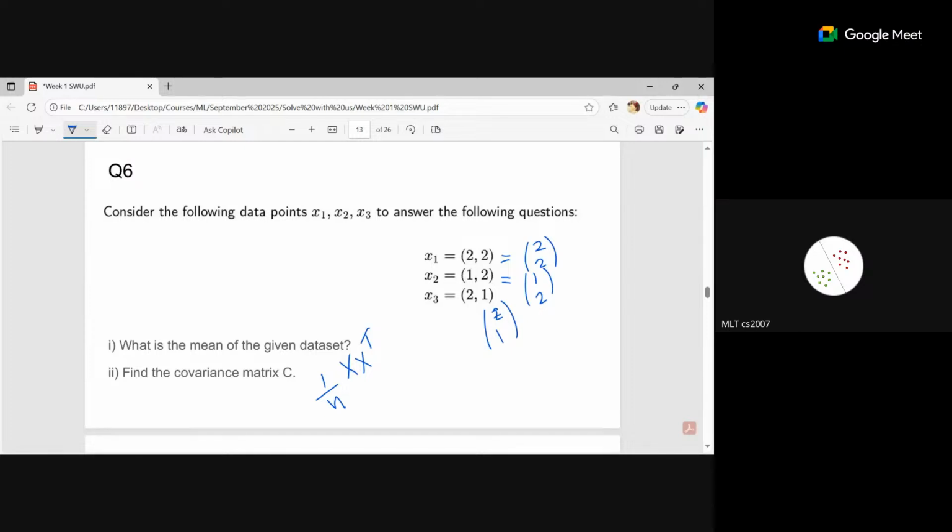You have already found the mean, so find the centered data set and then compute the covariance matrix. The question is to find the covariance matrix C, so it cannot be 0. Please work it out.